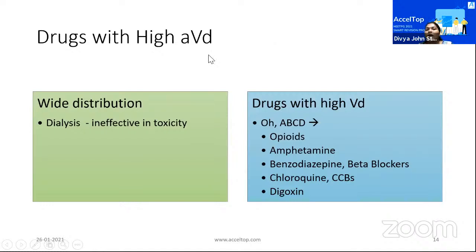I remember this mnemonic as OABCD, which is opioids, amphetamines, benzodiazepines and beta blockers, chloroquine and calcium channel blockers for C, and digoxin. These drugs have high volume of distribution, and elimination by dialysis will be ineffective or very laborious.